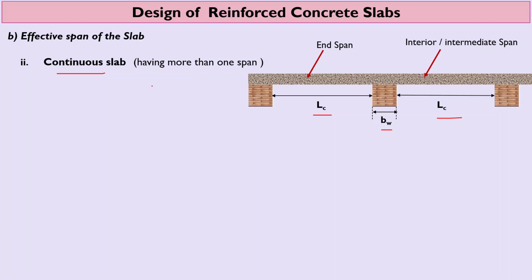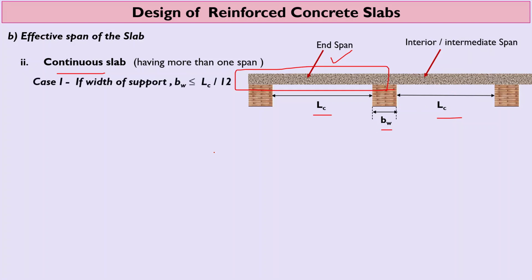For this type of slab which we are going to design, since this slab is ending at this support, we will term it as the end span. So this particular span is the end span, and the other spans will be the interior or intermediate spans, depending on how many spans there are.